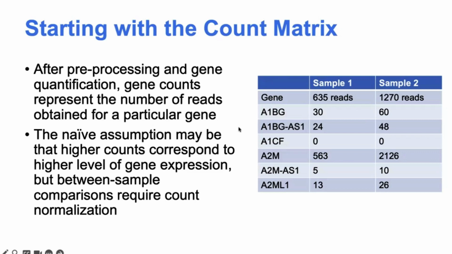So if sample 2 has higher counts than sample 1, we might naively assume that this gene was expressed more highly in sample 2. But due to technical variation across samples and differences in library size and composition, in order to actually make that comparison, we're going to need to normalize these samples.